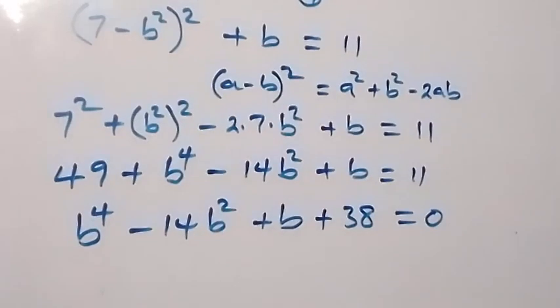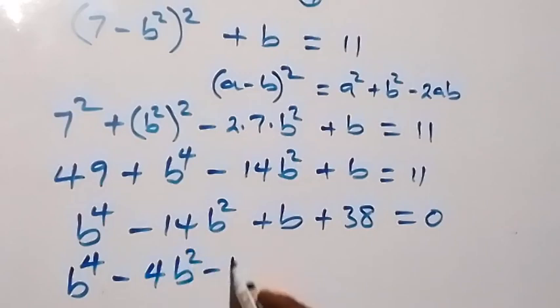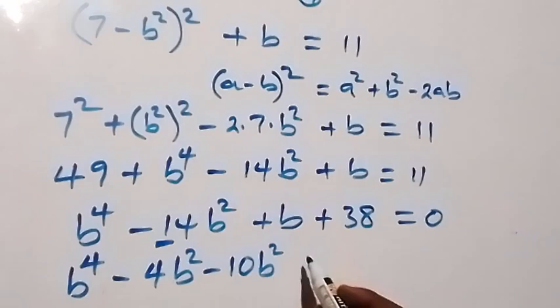Then here we have minus 14b square, we can write that as minus 4b square minus 10b square.